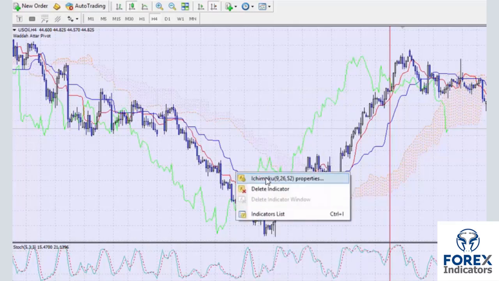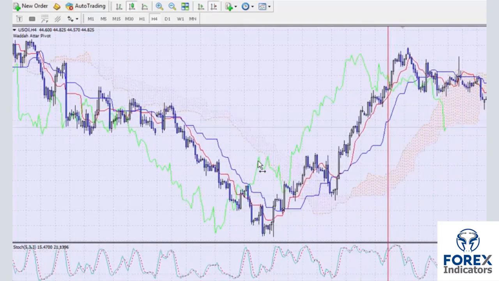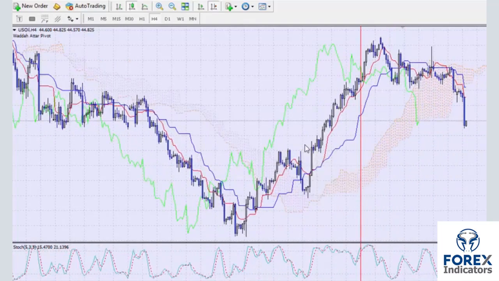You can go on properties and remove some of these lines if you choose, or you can just put the Ichimoku on some of your charts, because I don't really like the noise on my chart. I don't really like all these lines on my chart. So that's the main reason I no longer use Ichimoku. But starting out in Forex, you can really benefit from using the Ichimoku indicator.